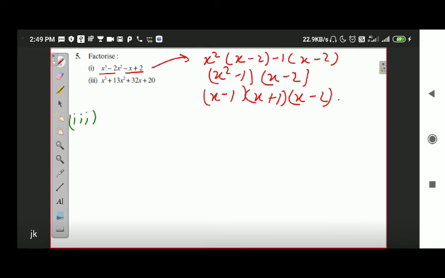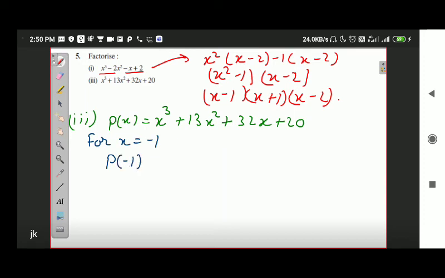For the third part, first of all, let me write down the polynomial. Px is equal to x cube plus 13x square plus 32x plus 20. For this part, first of all, we have to determine the value of x for which px is actually going to be 0. So I will try x equal to minus 1. So p of minus 1 will be minus 1 cube plus 13 into minus 1 square plus 32 into minus 1 plus 20.